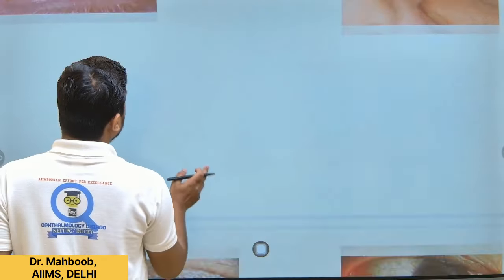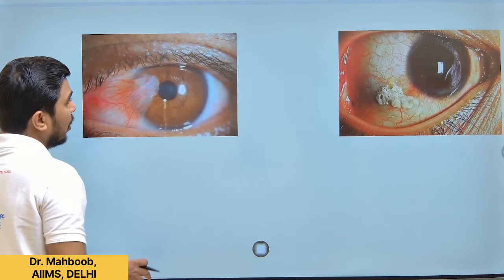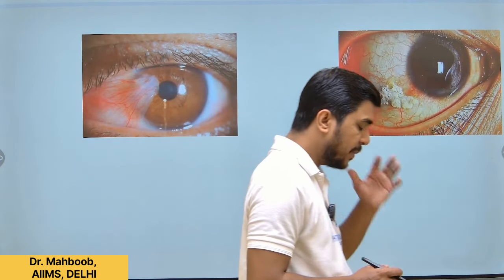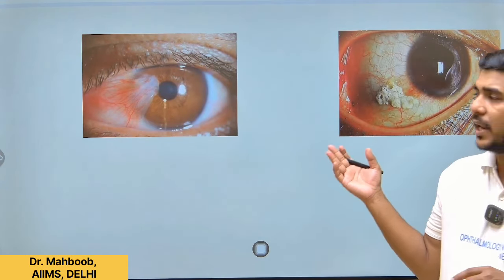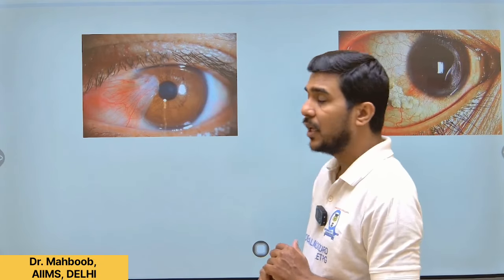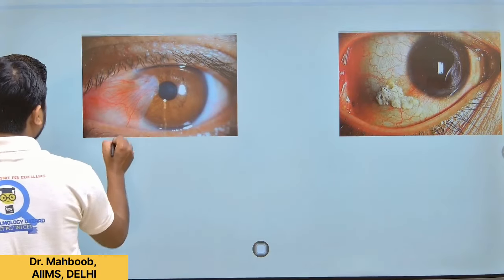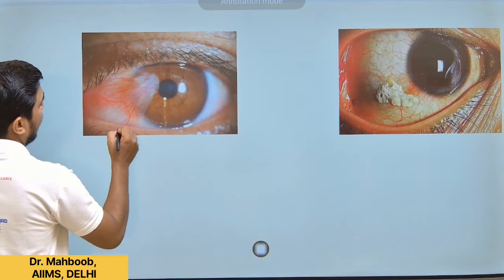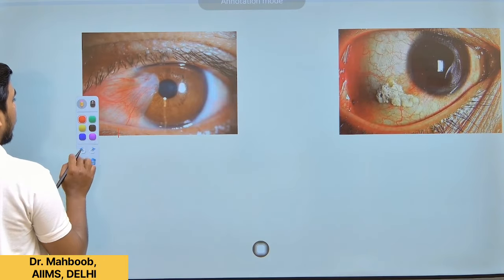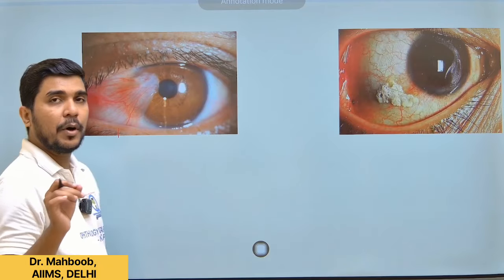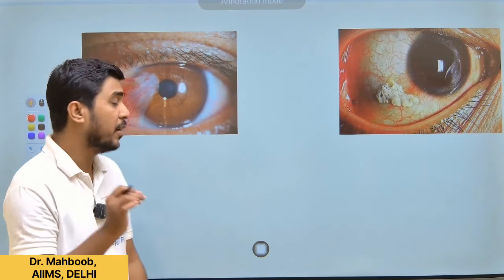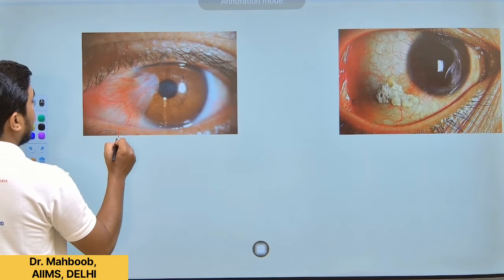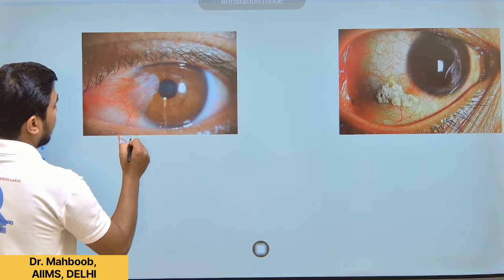Coming to the next image. What is this first image telling you? Very simple. It's an elastotic degenerated thing. It's very classical. Every time they will ask you this question. I will talk only about the specific things here. So this is basically nothing but a pterygium, right?